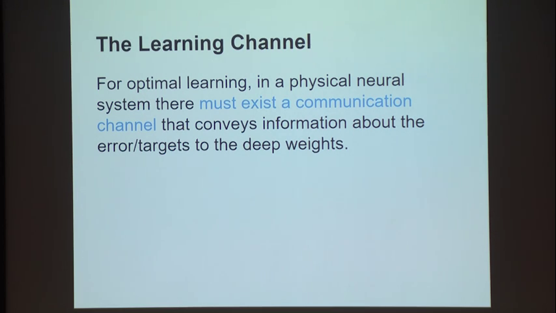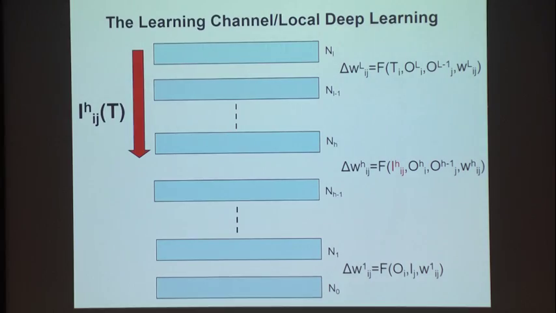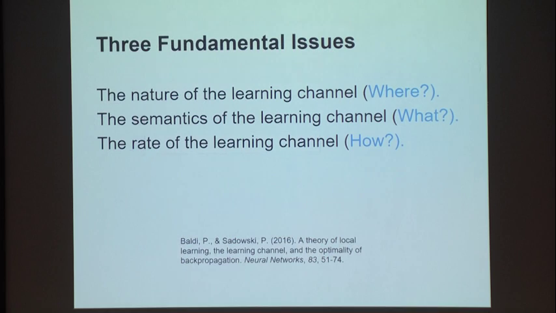Then you can ask what kind of information is sent over these deep learning channels, et cetera, et cetera. And so we have been studying this. If you're interested, you can look at this paper. But one of the results that come out of these analyses is that backpropagation is pretty much optimal. So it is unlikely that there are algorithms that are much, much better than backpropagation for training deep neural networks.